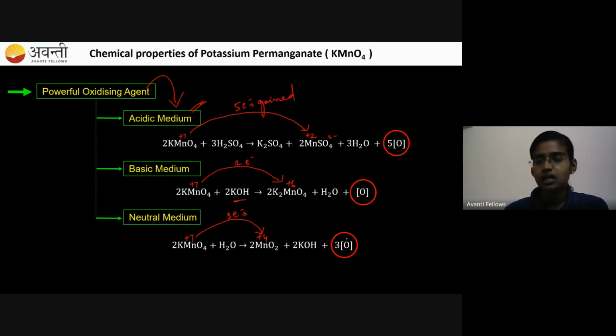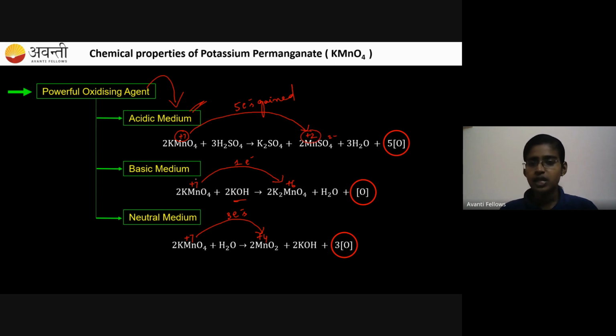KMnO4, like K2Cr2O7, is also a powerful oxidizing agent which oxidizes many compounds. I also told you in acidic medium, it can oxidize very well. It will oxidize the other elements and they themselves will get reduced, so from +7 to +2.